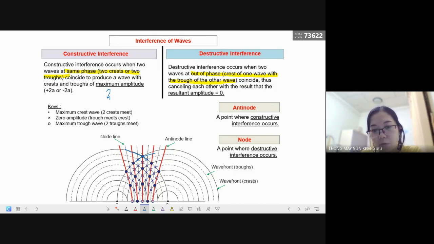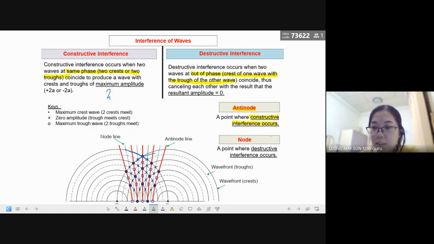So this red line over here represents the constructive interference line, or to be exact, we call it the anti-node line. Anti-node lines are where the constructive interference occurs. Then we have the destructive interference.